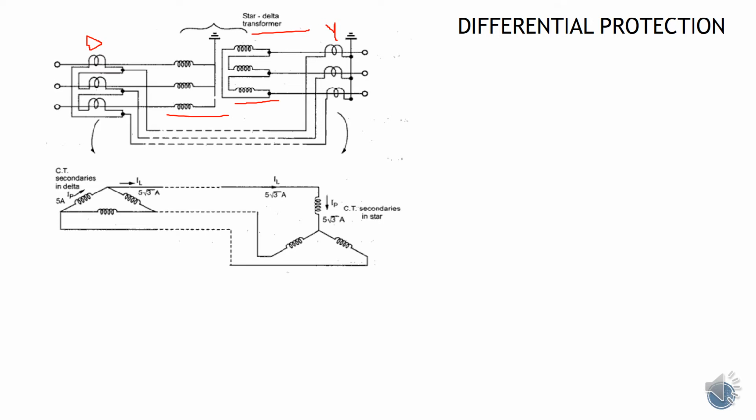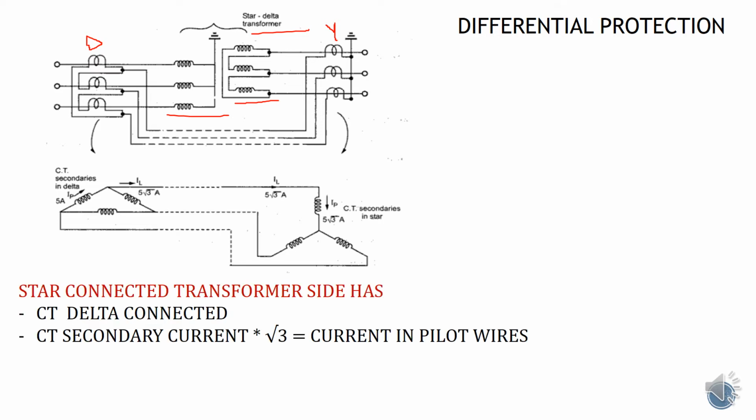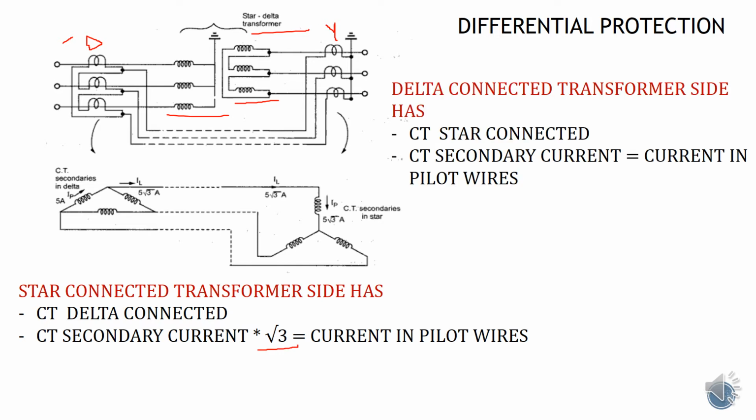Also, it's important to note that the star connected transformer side will have the CT delta connected as mentioned, but the CT secondary current will actually be its phase current, and the current going into the pilot wires will be calculated by multiplying that CT secondary phase current by √3. Also, for the delta connected transformer side, the CTs are connected in star.